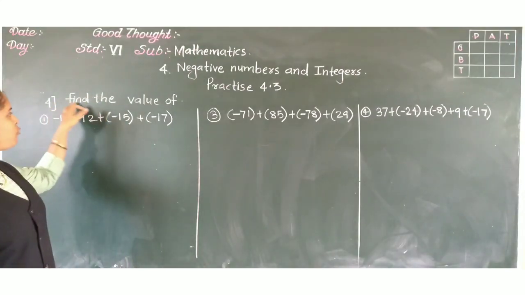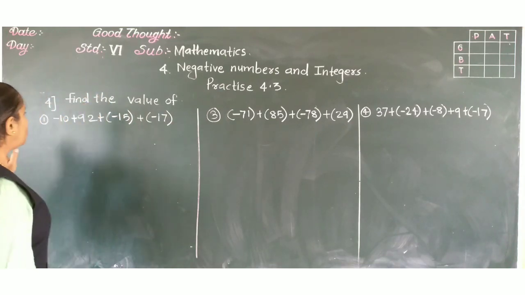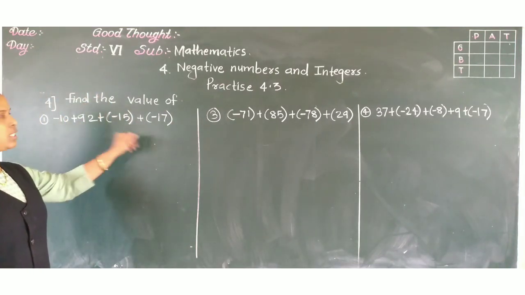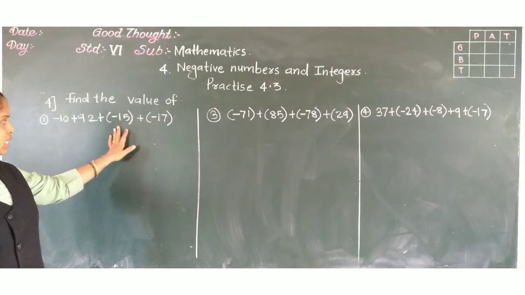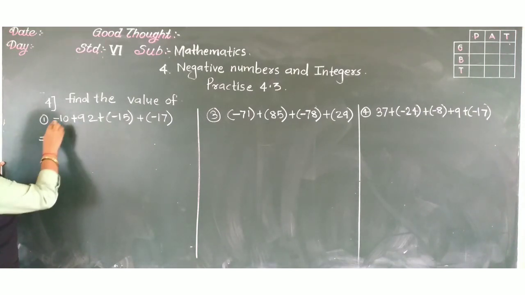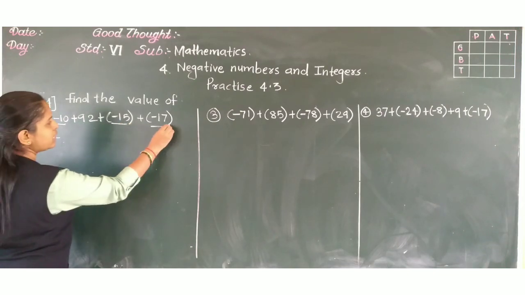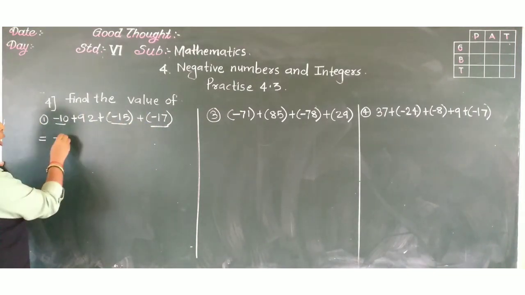Now see question number 4, find the value of. Same like question number 3. So again, here many integers are there with different signs. So integers having the same sign I will take together. Here see, is equal to minus, this and this I will take together. So minus I will take out common.